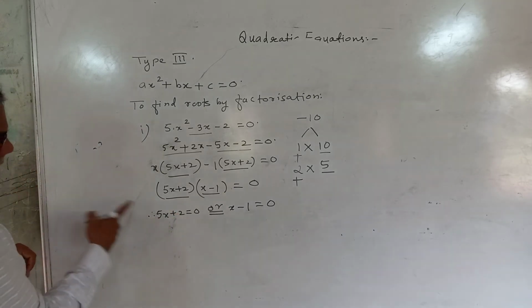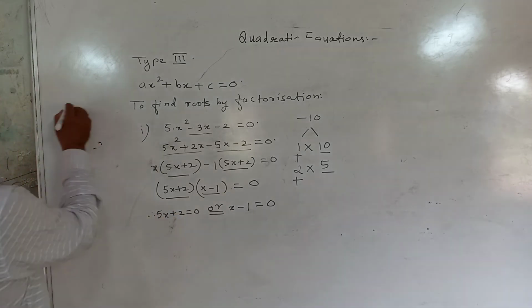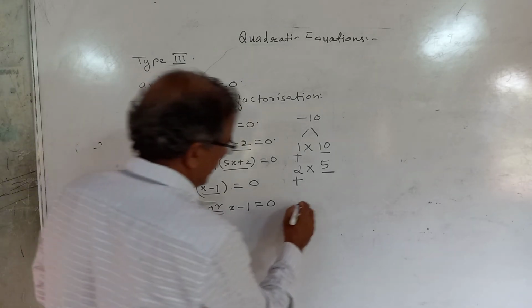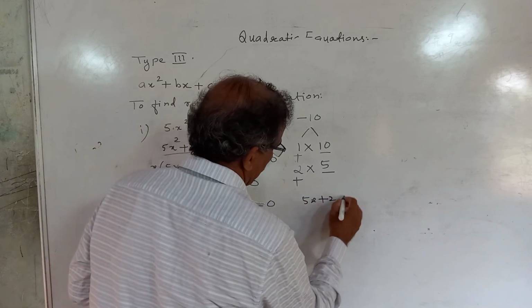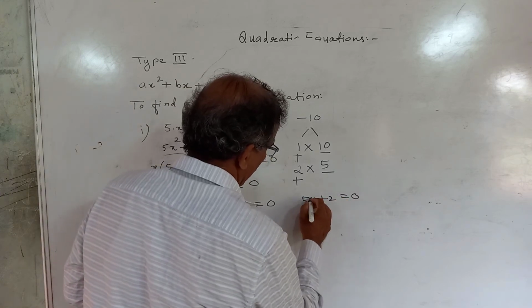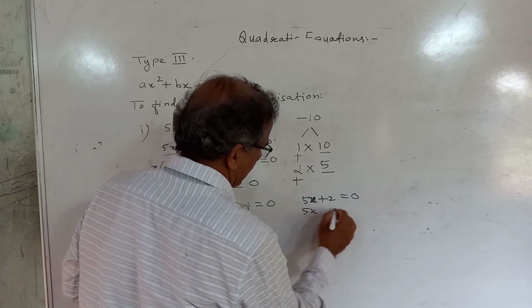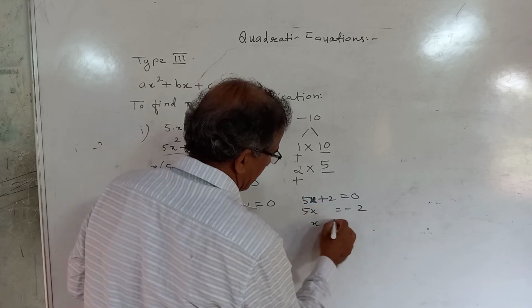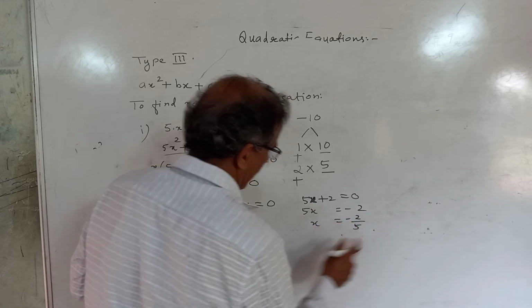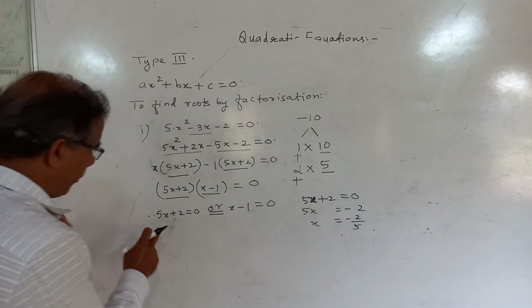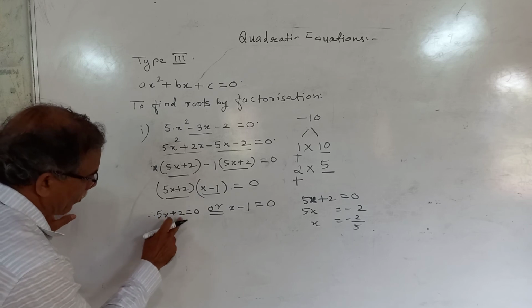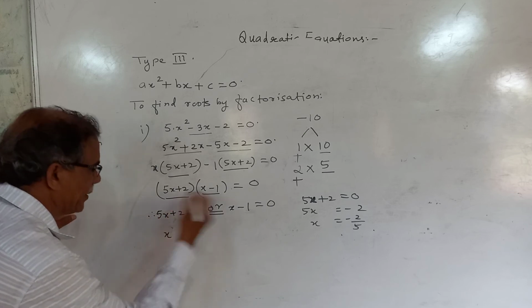Now from here, you can directly write down the value of x. See, if 5x plus 2 is equal to 0, if you want to find x, this plus 2 will go to the other side first. So that is minus 2. And then x is equal to what? Minus 2 upon 5. We want to find x, no? So plus 2 which is separate will go to right hand side first.